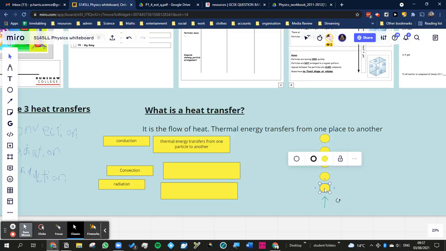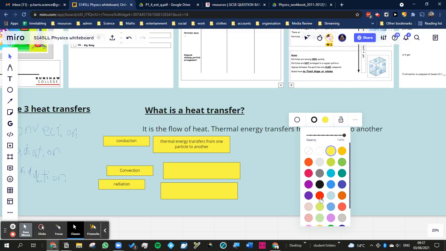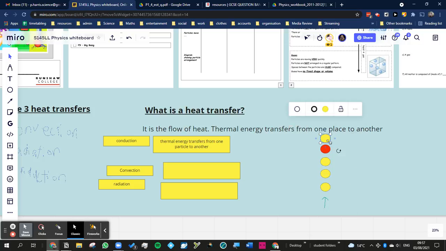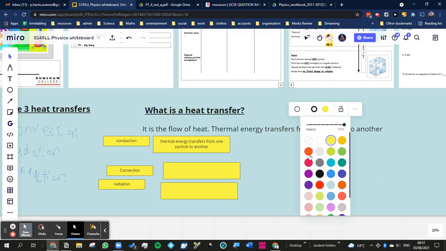And now this one is being heated, and this one moves all over the place, and then it needs more space, so it goes up to the top, and they all fall down. And then this one goes to the top. Now we could show that this has more energy by colouring it in. So we could say that this one is now maybe red, and this one is red.